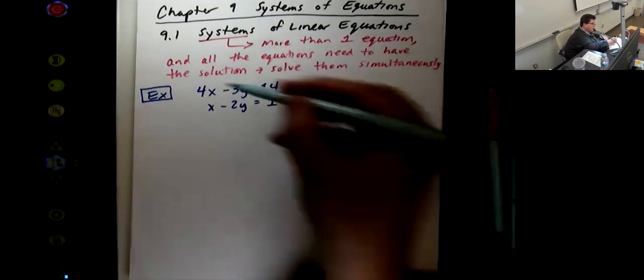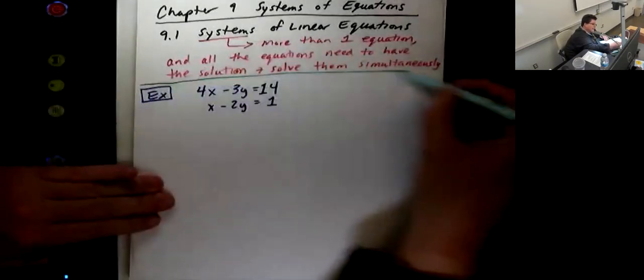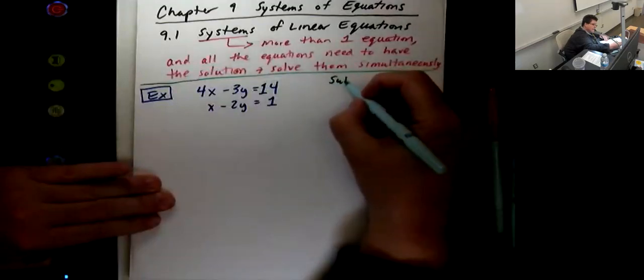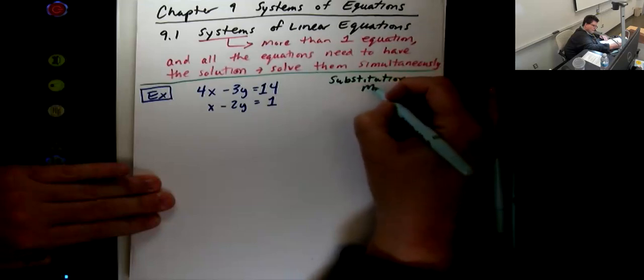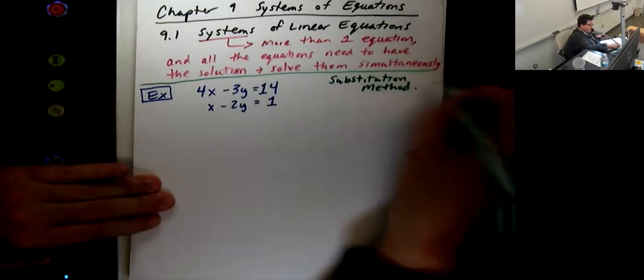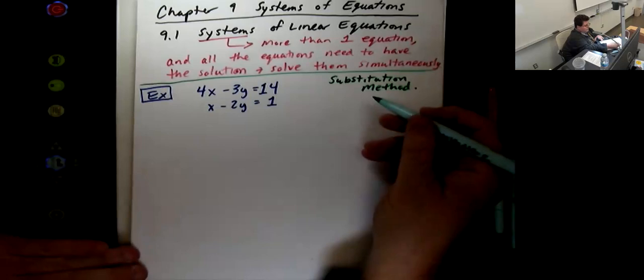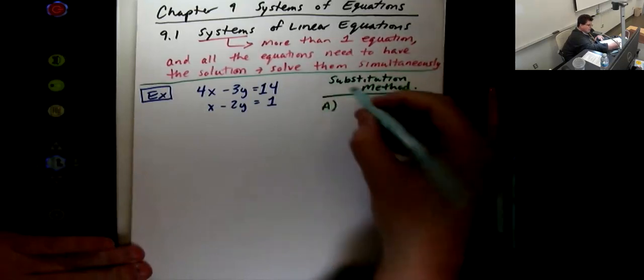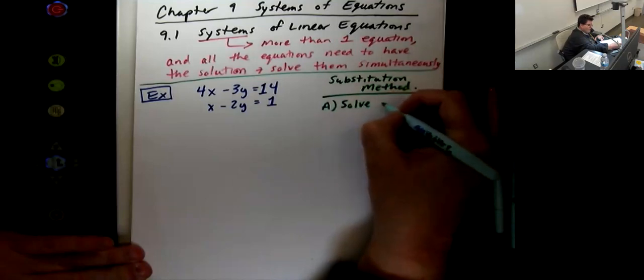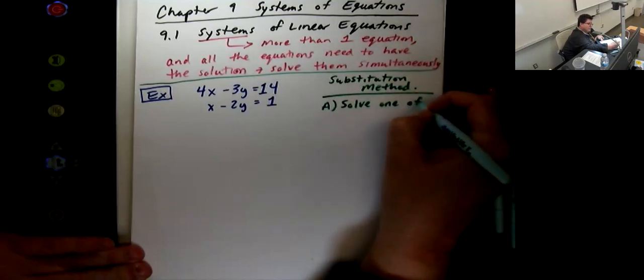The first method we're going to look at is called the substitution method. Solve one of the equations for one of the variables.